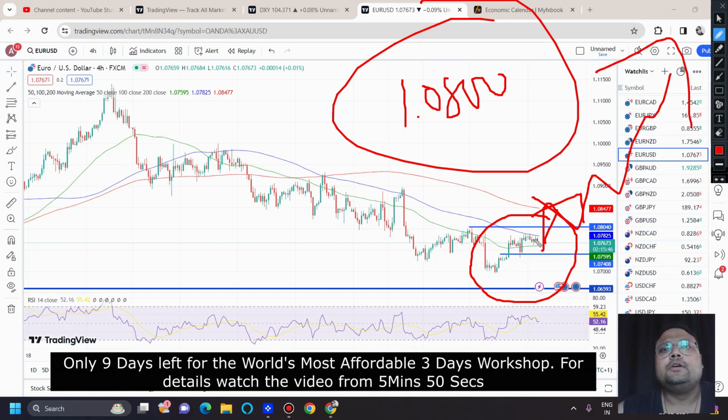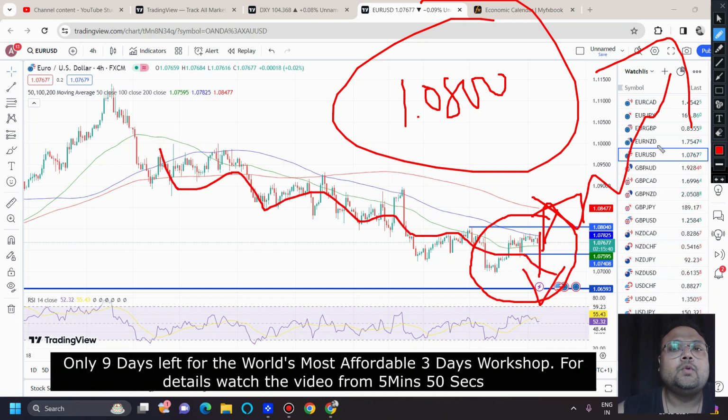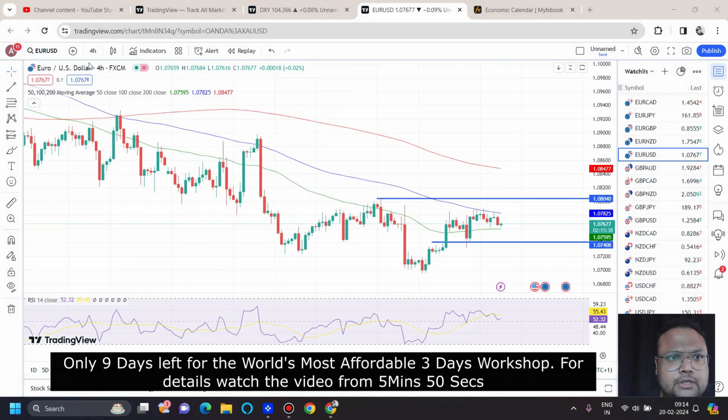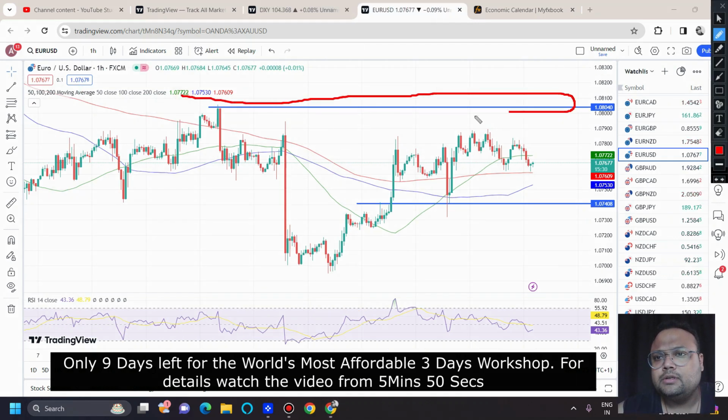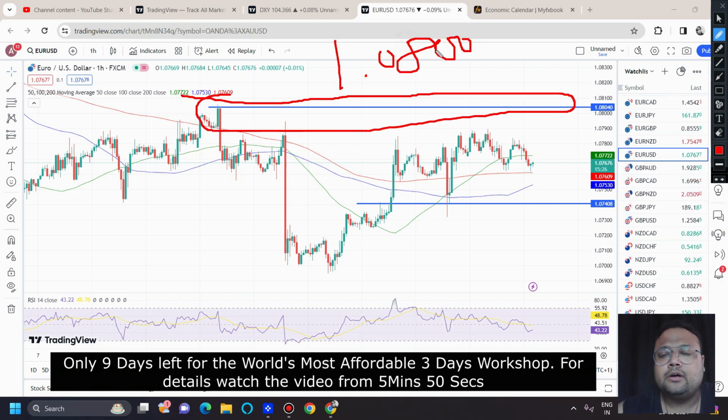But if dollar index gains momentum and we see drop on Euro USD, then the same trend of the market will continue. So in absence of volume and volatility in the market during the day, okay, observe the market around this particular portion, 1.0800. Okay, not exact, it can be 1.0790 also, it can be 1.0805 as well. So observe the market around this area.